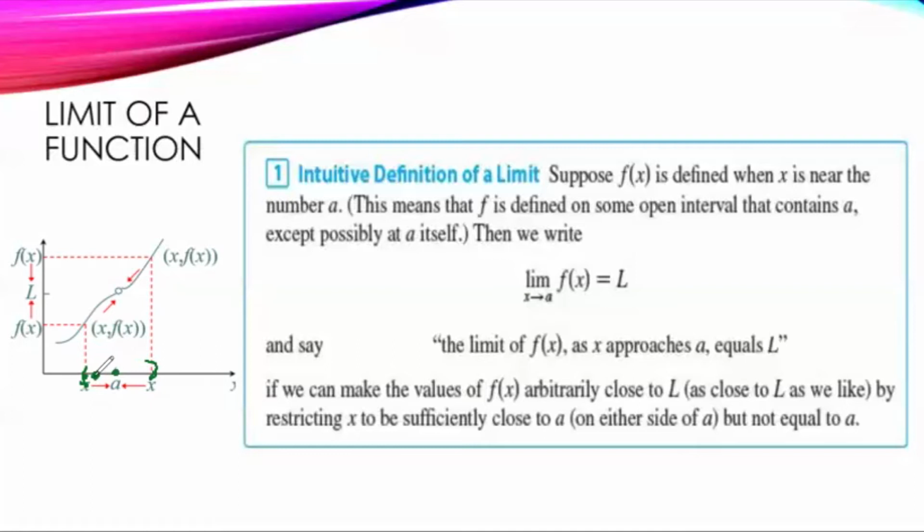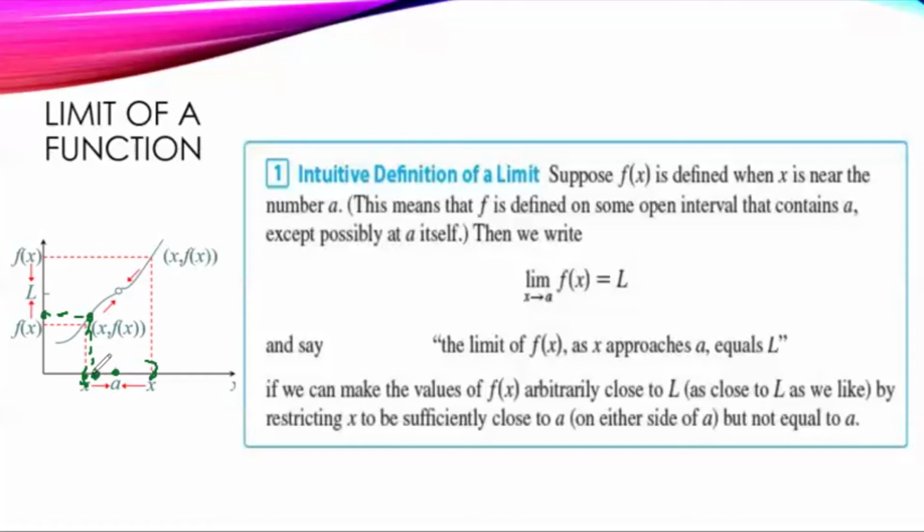Now, if this is our x value that is moving towards A, then there is a corresponding y value. So this is the corresponding y value if this is our x value.